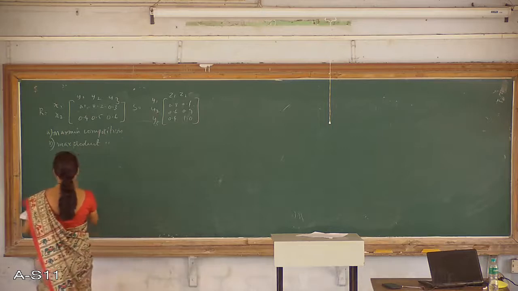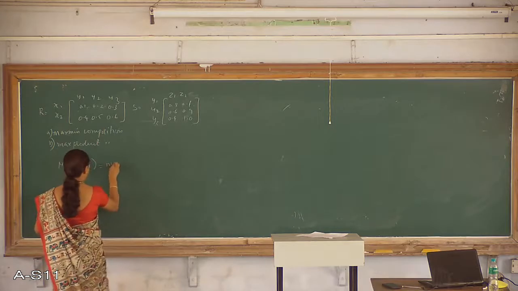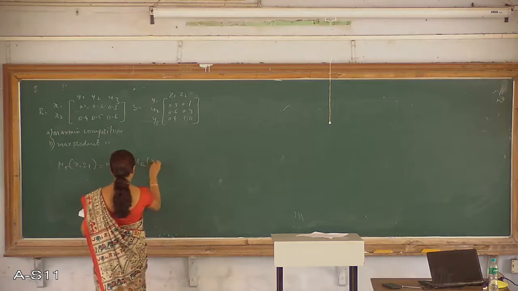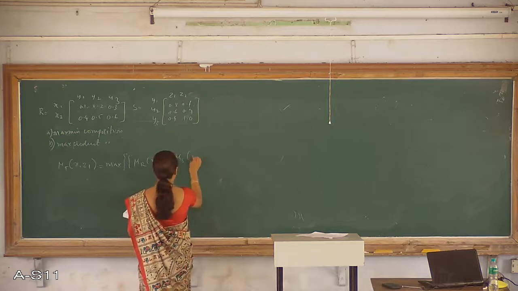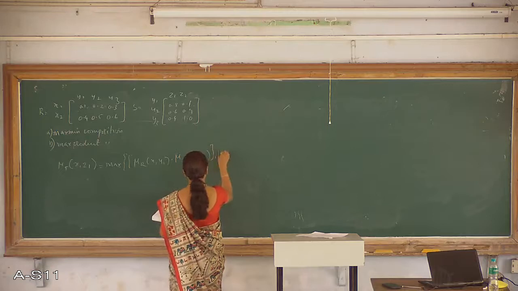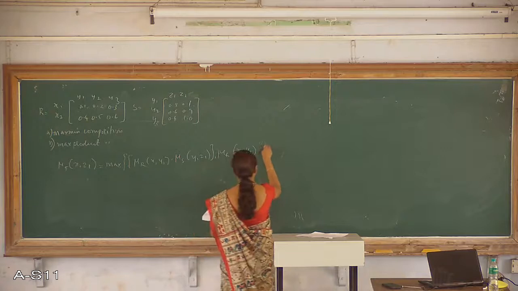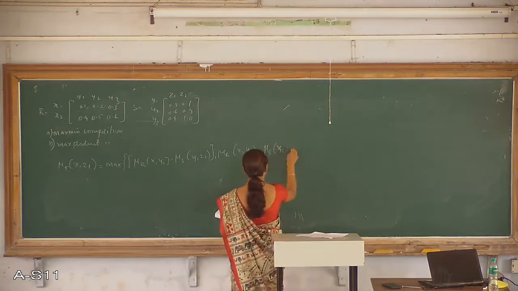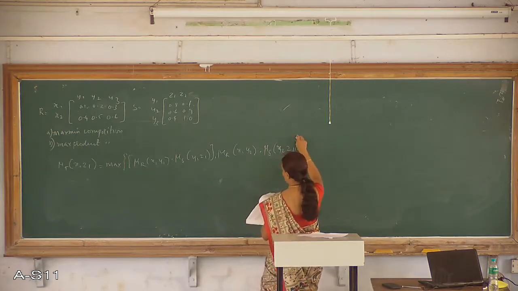Max product composition: suppose I have mu t of x1 z1, it will be given by max of mu r of x1 y1 dot product of mu s of y1 z1, comma, mu r of x1 y2 dot product of mu s of y2 z1, comma.